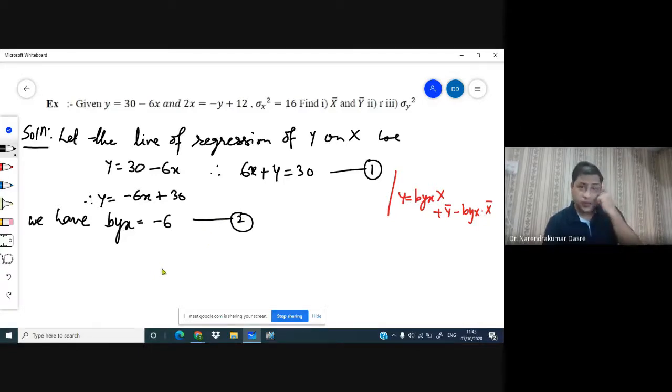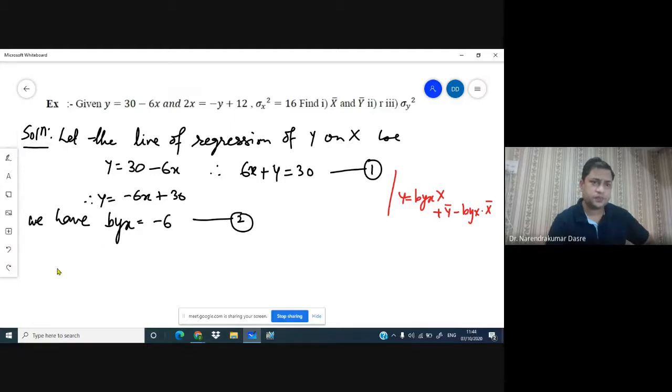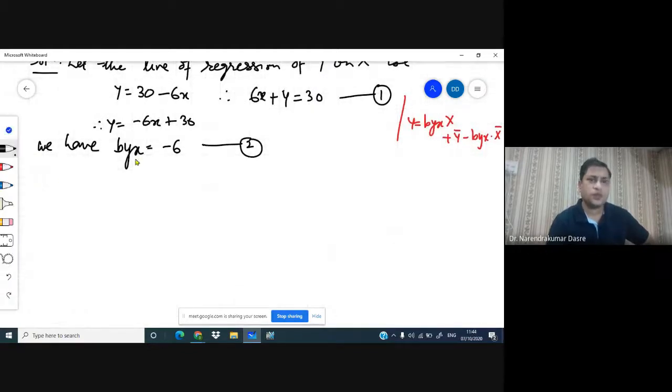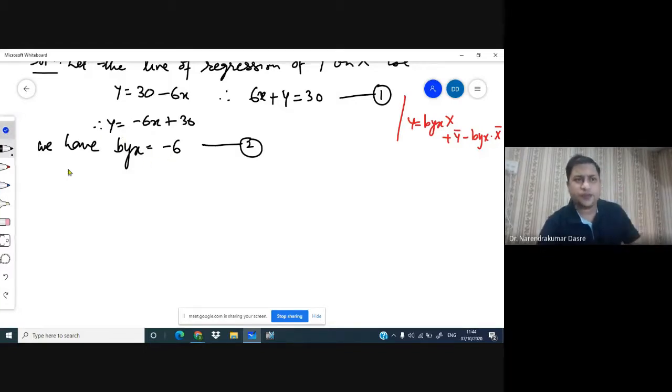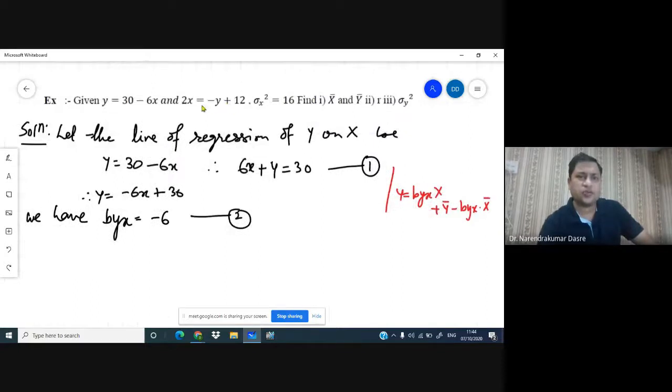Now we have to see. It shows that the slope of this line is going to be minus 6. And what will be the slope of this line?